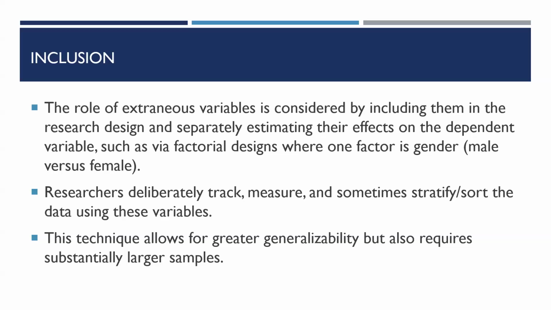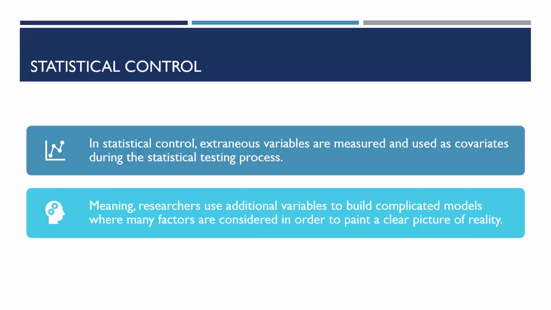Why don't we always do this? Because it's expensive, right? It's more data to get a larger sample size across groups. So that's part of why, but I love including. Now, statistical control is where I've included those folks, those extraneous variables, if you will. All the socio-demographic variables are measured and used as covariates.